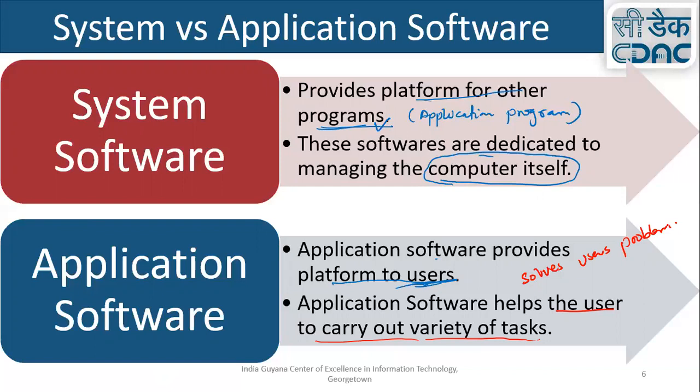Is your operating system solving your problem? No, it's the computer's problem itself. The operating system is not solving any of your problems. It's just providing an environment in which other application software can run. So this is system software.